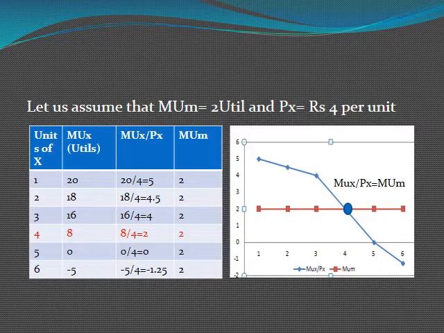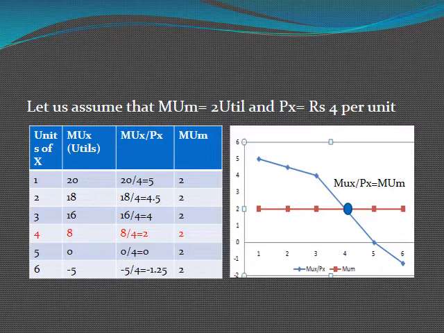And in the assumptions we already discussed that the marginal utility of money remains constant. So for each and every additional unit of money, for every rupee, the utility is the same.